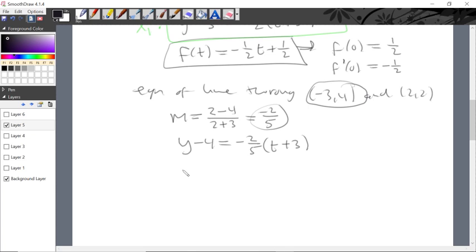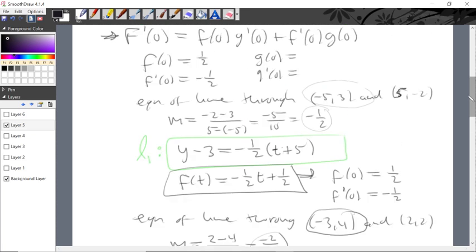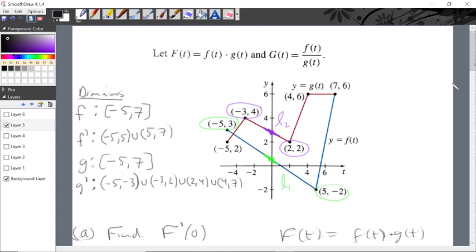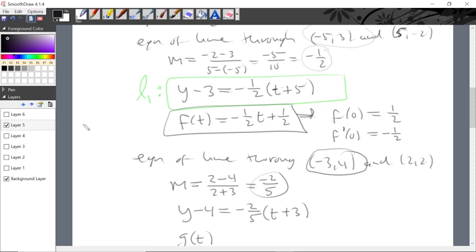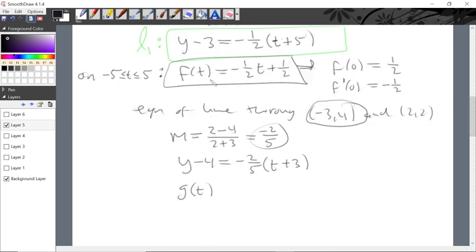But here we are. I'm going to write this then as the function g of t. In fact, like up here when I said this was f of t, this isn't completely f of t. This is only f of t on one particular piece, between -5 and +5. That was a piecewise function. So on -5 ≤ t ≤ 5, f of t is defined this way because it was piecewise.